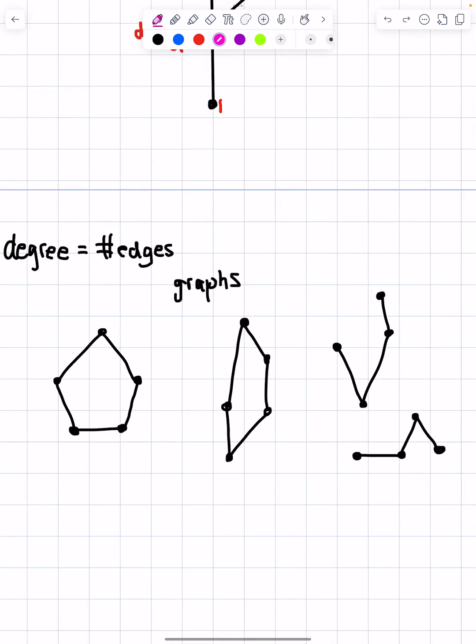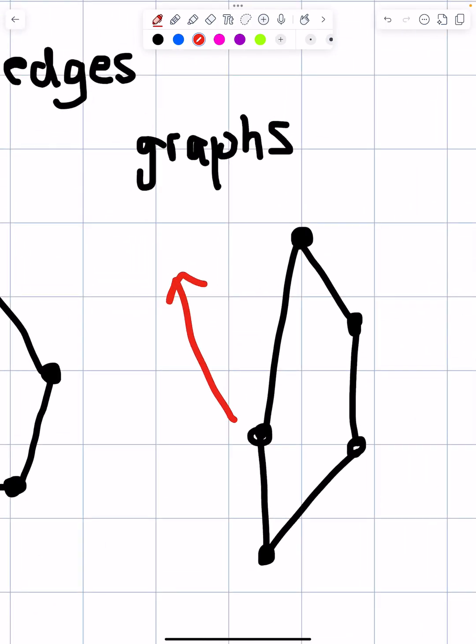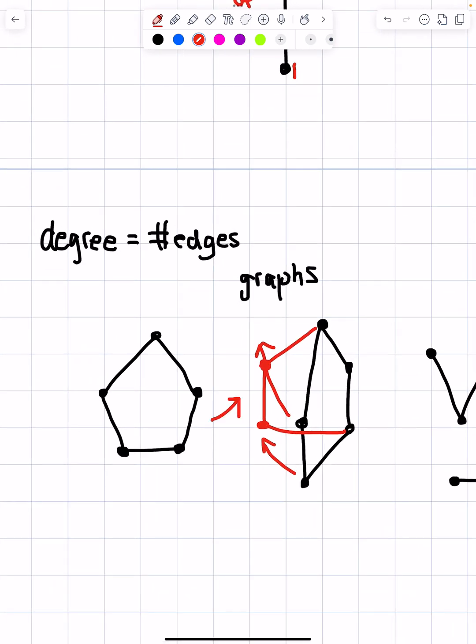If you were to stretch this outwards to here and upward this one to here, we would get the same exact graph. They are the same thing because you can stretch one into the other without cutting off an edge, or removing a vertex, or anything like that. You're not moving them, you're simply squishing them around.